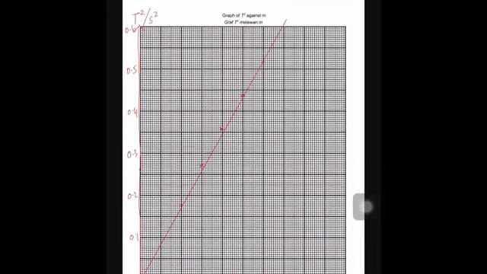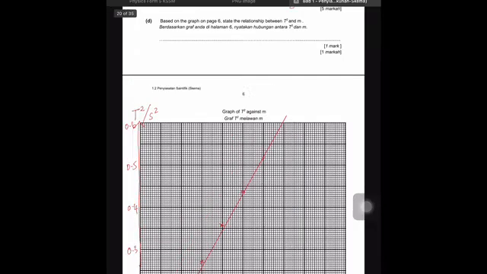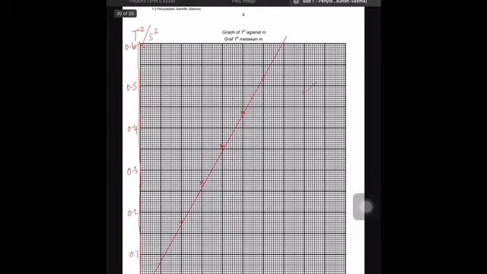You have label, unit, uniform scale, origin. You plotted the correct points. Baseline correct, Y-intercept correct. You used more than 50% of the graph paper. So if you get all, then you get 5 marks. Can?